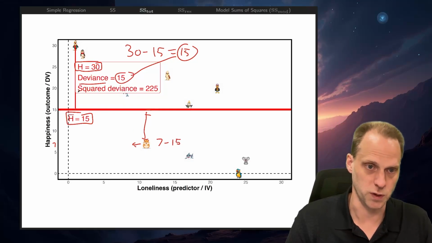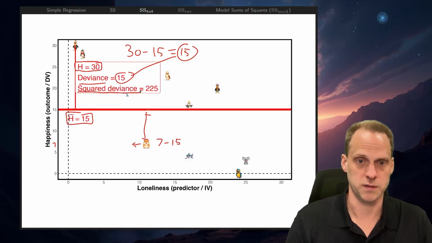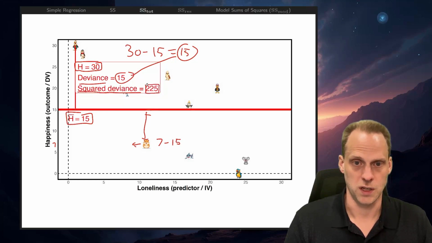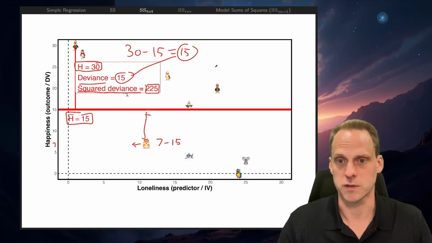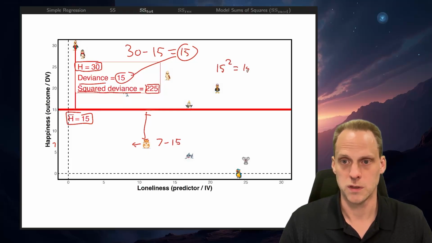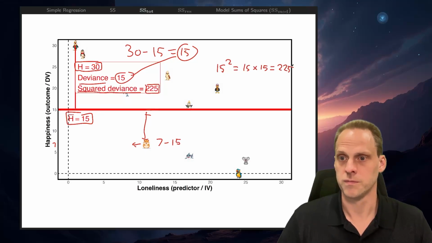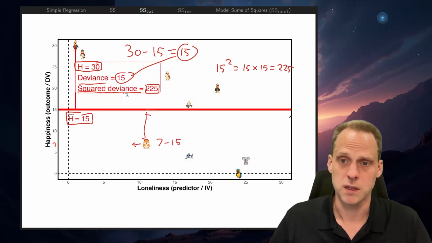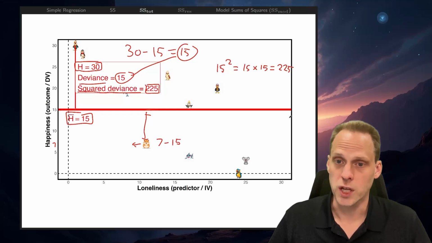So what we do is we square the deviance. And squaring means we multiply it by itself. So 15 squared equals 15 times 15 equals 225. The nice thing about squaring is that you always will get a positive number.